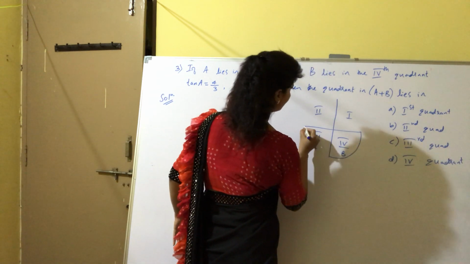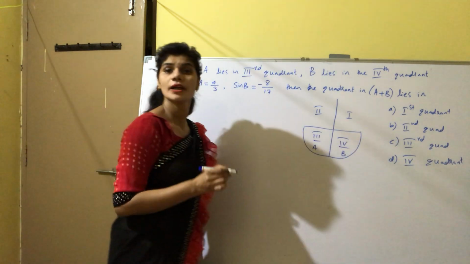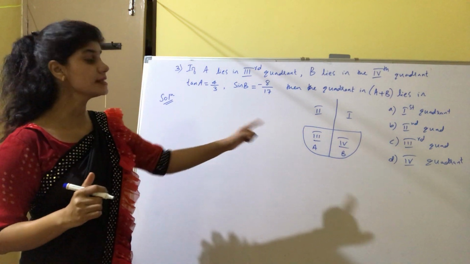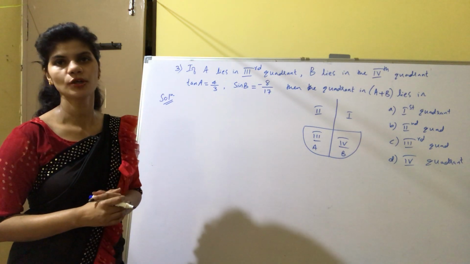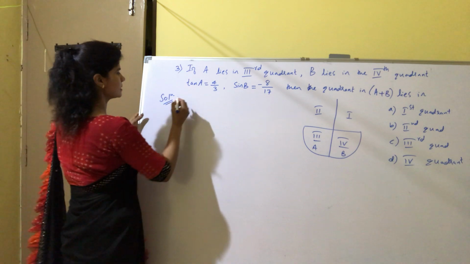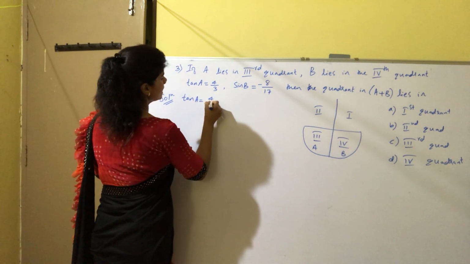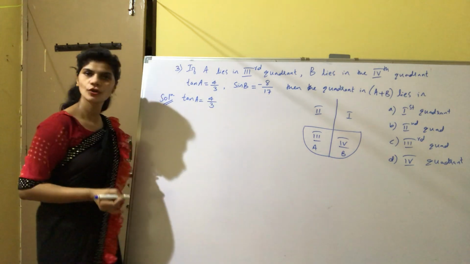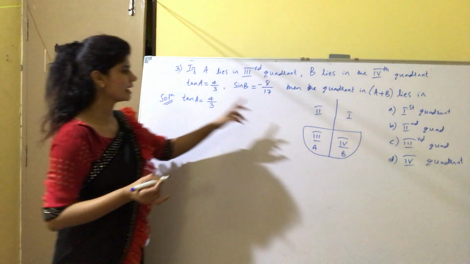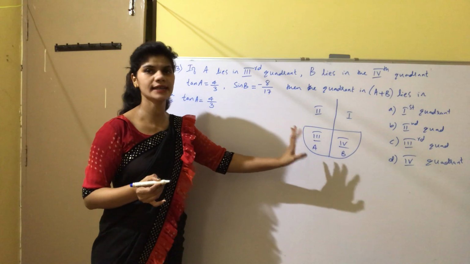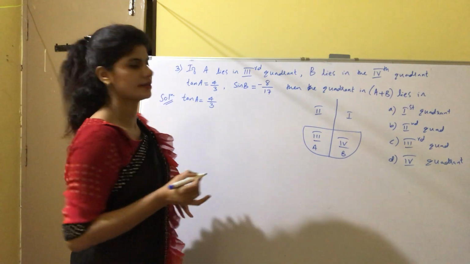Now where does A plus B lie is our question. See carefully, students. We are given that tan A is 4 by 3. Where A is lying in the 3rd quadrant, we know tan is positive in the 3rd quadrant.